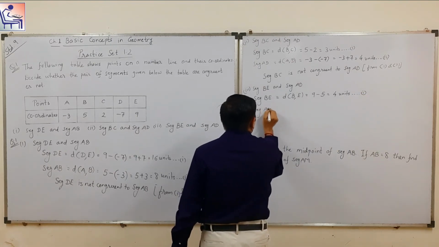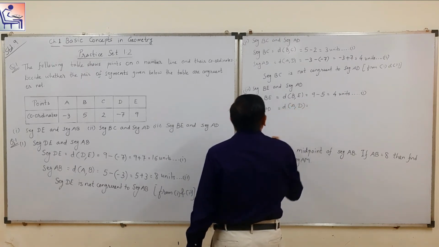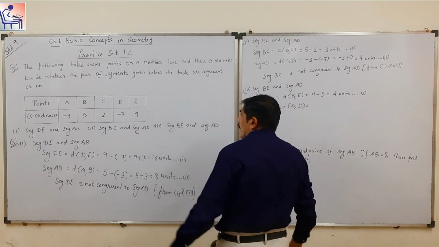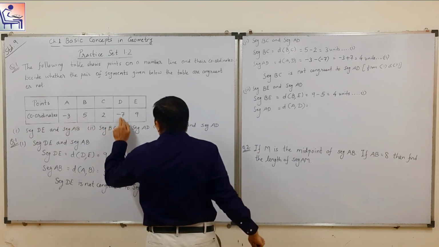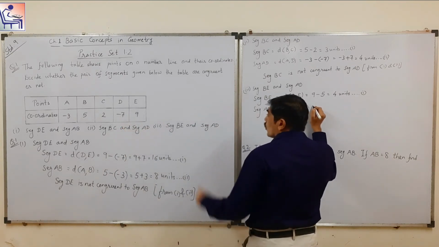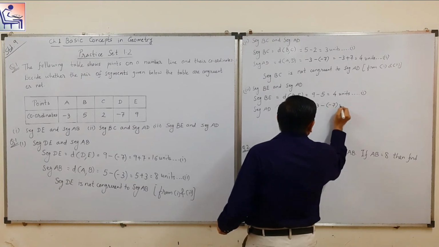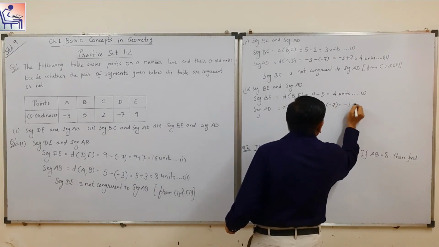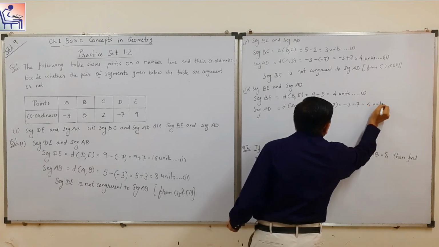Now segment AD. I will write here distance AD. The coordinate of point A is minus 3 and the coordinate of D is minus 7. So minus 3 is greater than minus 7, so minus 3 plus 7 is equal to 4 units.